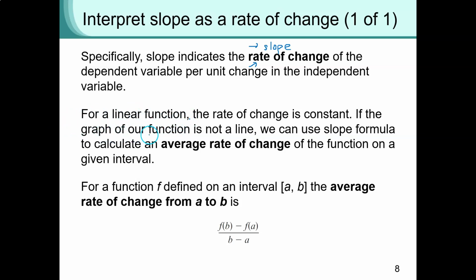If the graph of our function is not a line, we can use the slope formula to calculate an average rate of change. And this would be the formula, which they use in Calculus 1. So f of b is y2, and f of a is y1, over x2 minus x1. That's the same meaning.